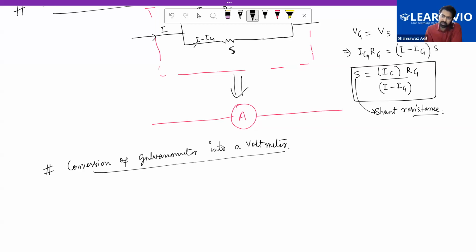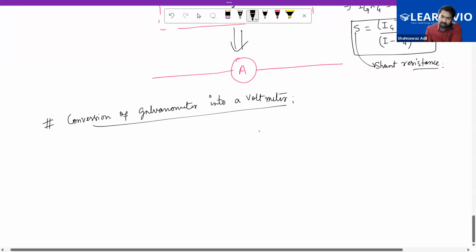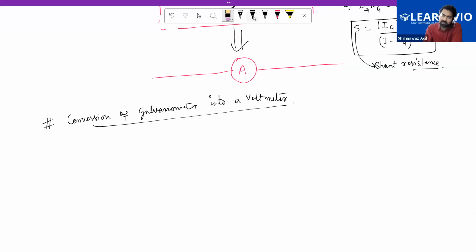And how does it become a voltmeter? You have this galvanometer which has resistance Rg, and then you connect a high resistance R in series with it.